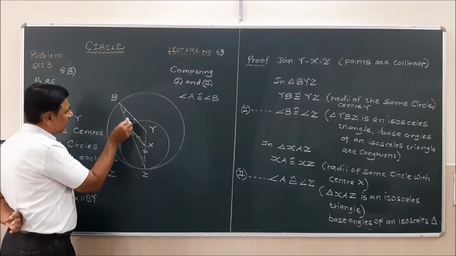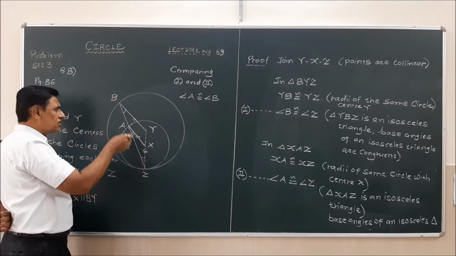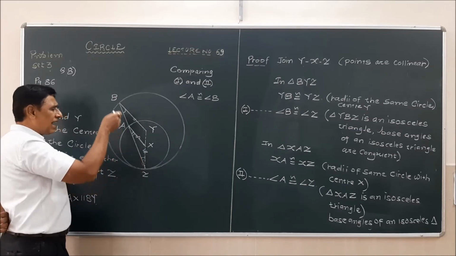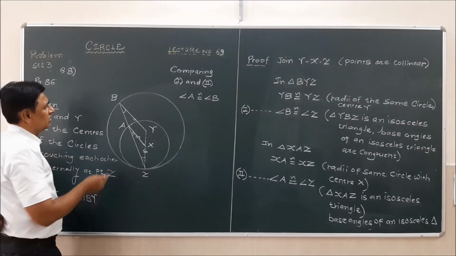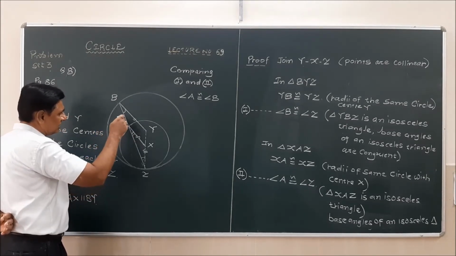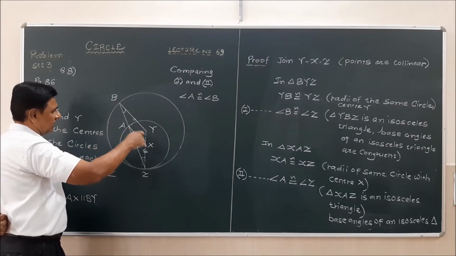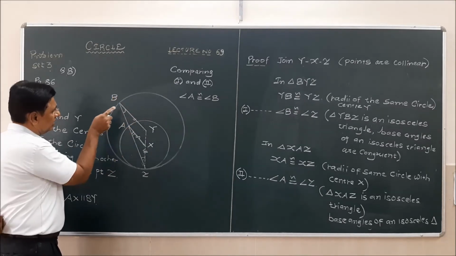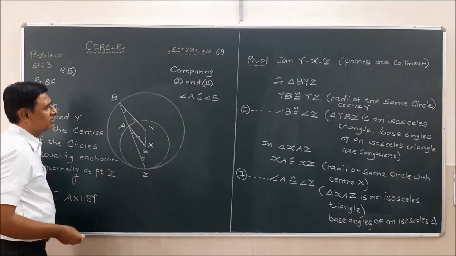But angle A and angle B are corresponding angles if you consider BZ as transversal. Please try to understand, this is very important. B and A are corresponding angles for the lines AX and BY.